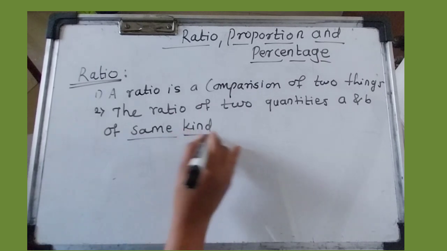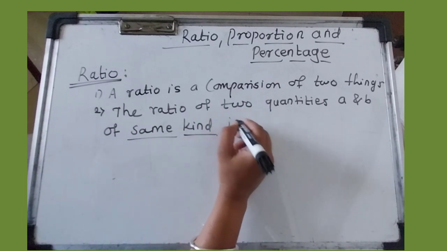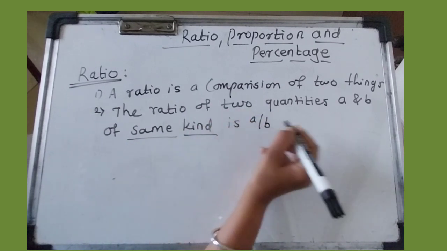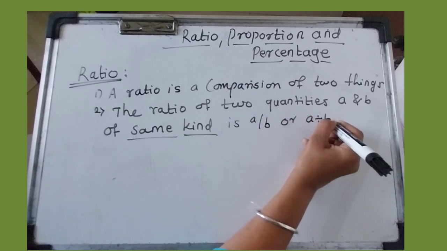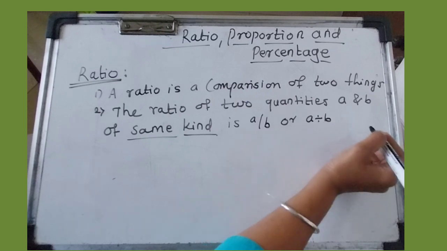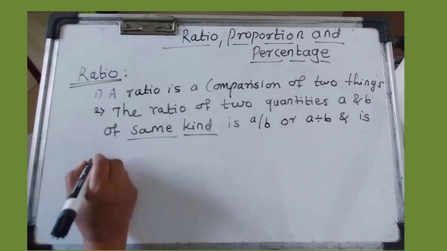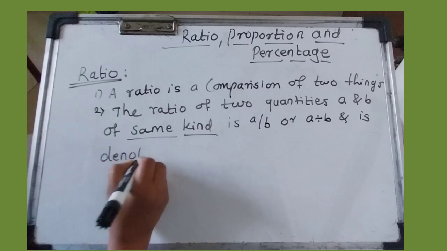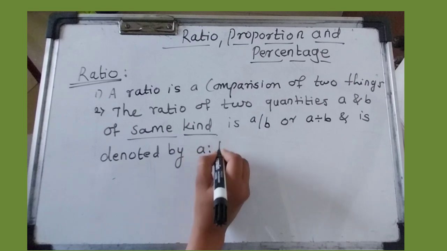That's why we write here same kind. It is A upon B, or we can say A divided by B. All these things we know already, and it is denoted by A is to B.